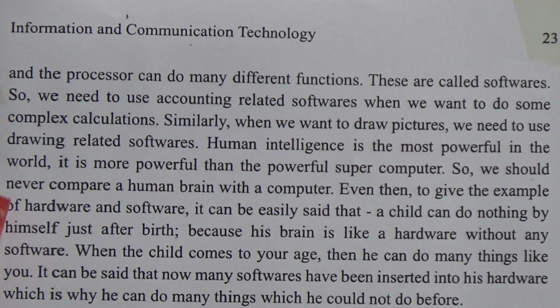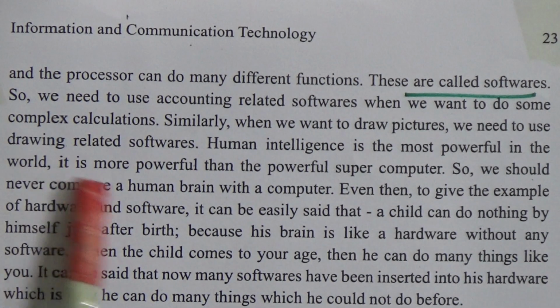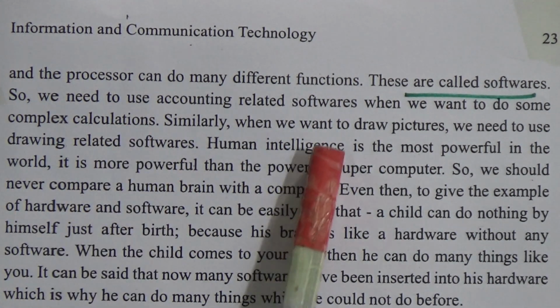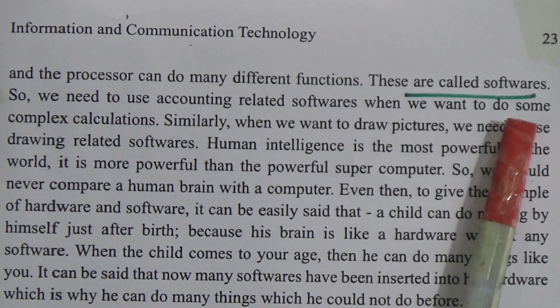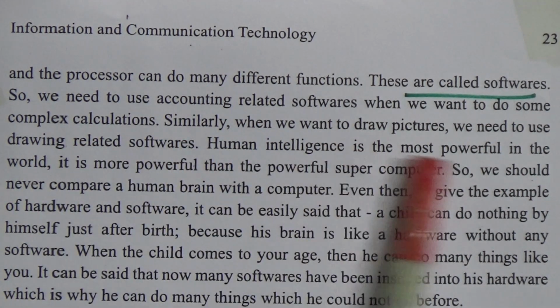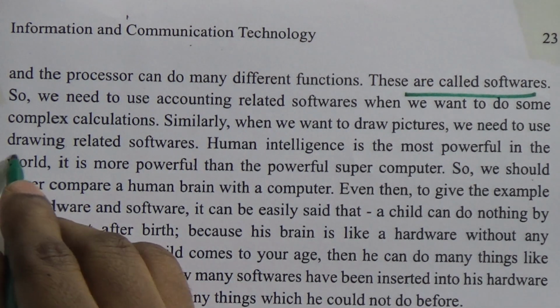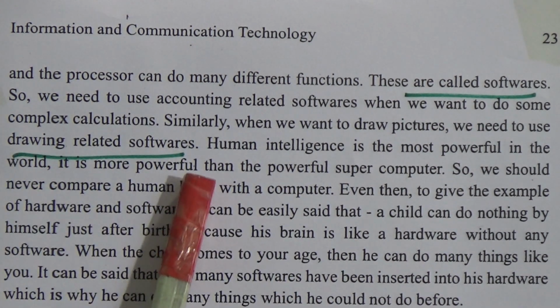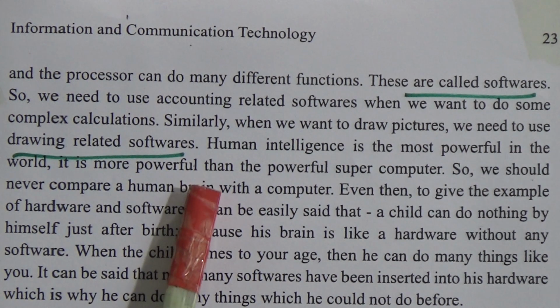So you can see, to activate a computer, software is necessary along with hardware. You know what the software means? These are called software. So we need to use accounting related software when we want to do some complex calculations. Similarly, when you want to draw pictures, we need to use drawing related software. So different software does different kinds of work.